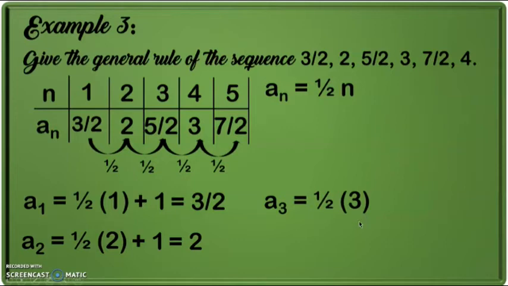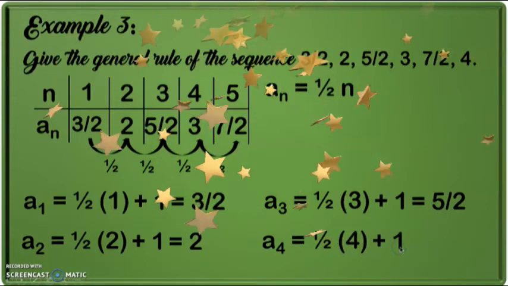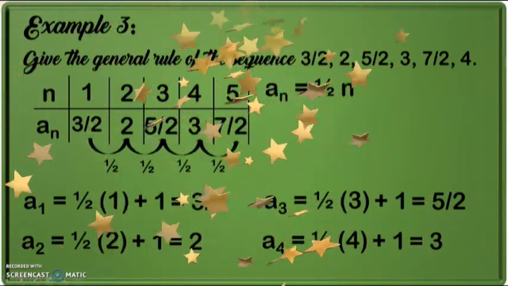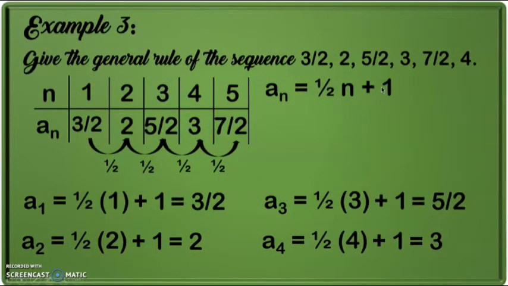A sub 3 equals 1/2 times 3, add 1, gives us 5 over 2. And for the fourth term, 1/2 times 4 equals 2, plus 1 gives us 3, and so on. So therefore, we should add 1 here, and the general rule for the given sequence is a sub n is equal to 1/2 times n plus 1.